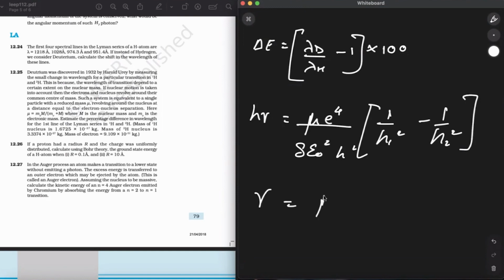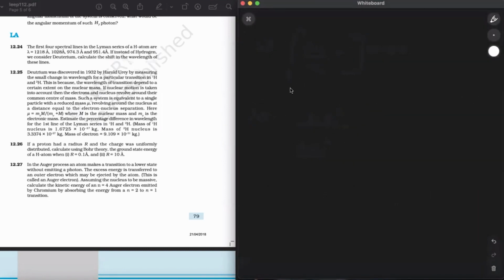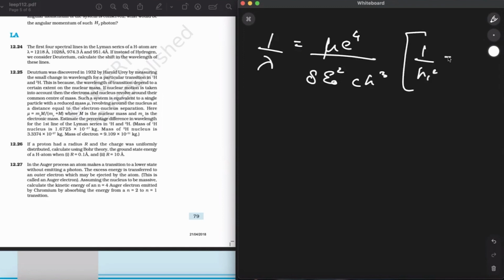Now I'm writing for mu e^4 over 8 epsilon naught whole squared h cubed, times 1 upon 1 squared minus 1 upon 2 squared, and nu can be written as c by lambda. Now writing for lambda, it is mu times e^4 over 8 epsilon naught squared c h cubed, times 1 upon n1 squared minus 1 upon n2 squared.